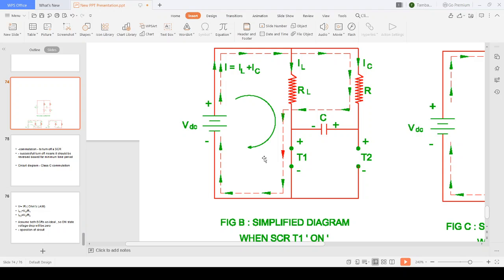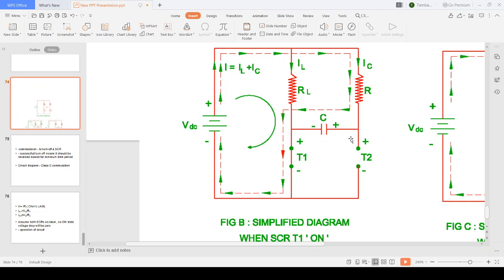Now at this instant, what will happen? This capacitor has polarity plus and minus. Because of this polarity, thyristor T2 will be in reverse bias mode. As thyristor T2 is in reverse bias mode, it will be turned off.